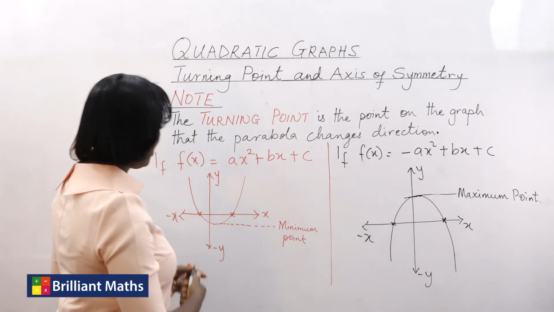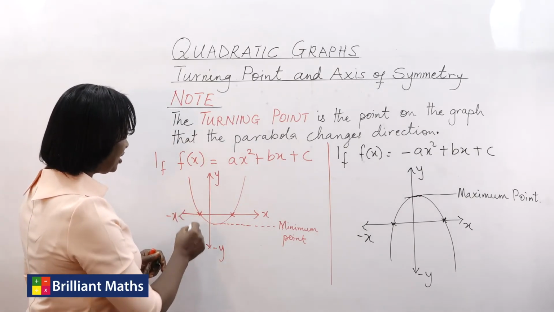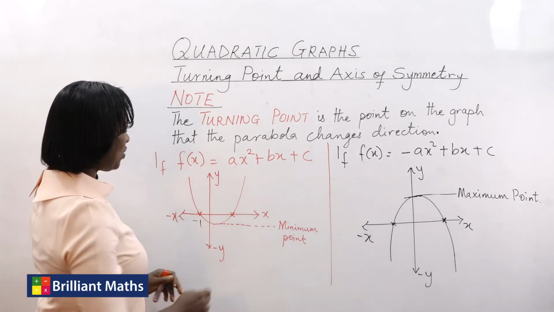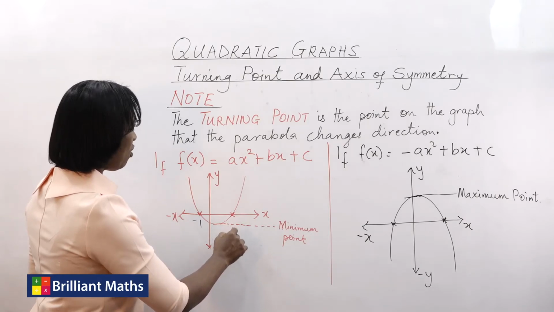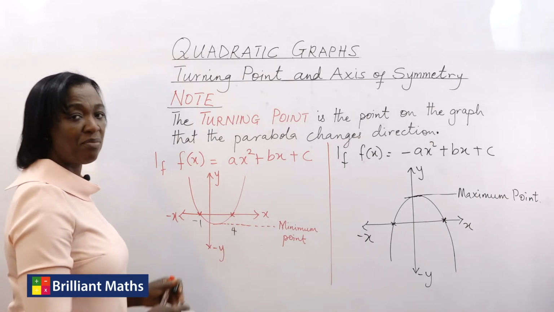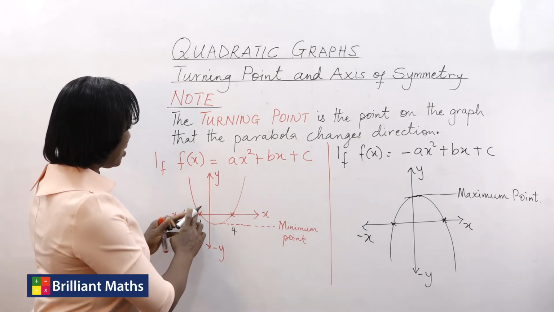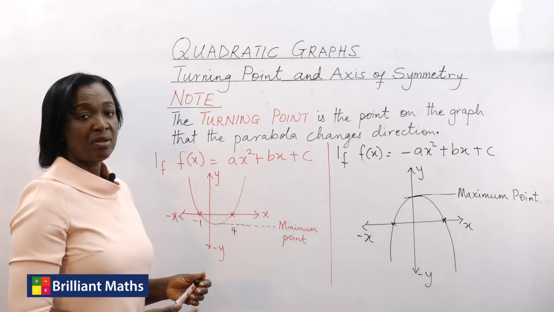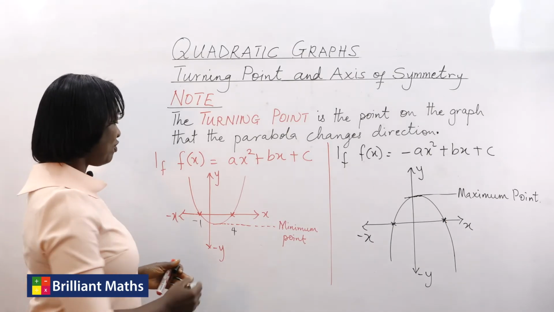So in this case, let's assume that this point is -1, and the point we have here is 4. So how many steps do we have from -1 to 4? We have -1, 0, and so on up to 4. We have 5 steps. So half of 5 is 2.5.